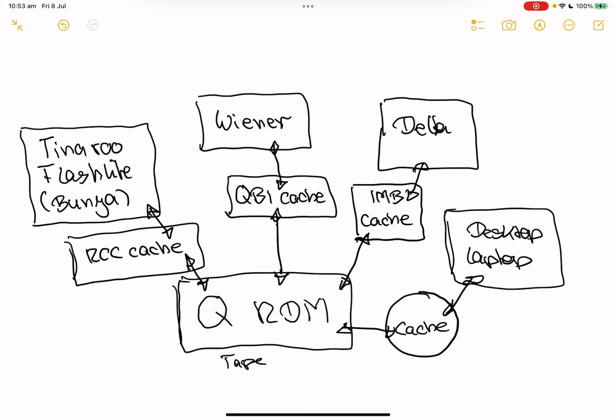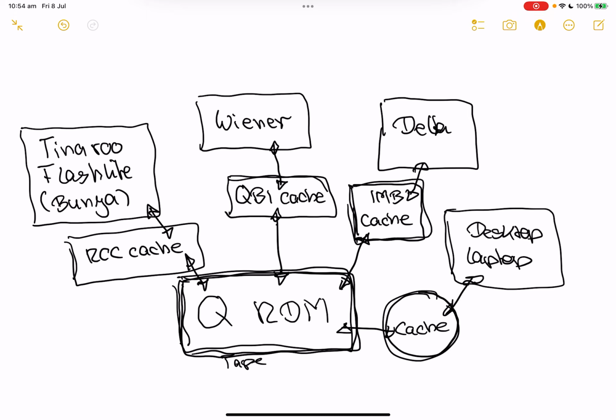And so if you're experiencing any problems with accessing a Q collection, a Q RDM, it is important that you talk to the right people to determine what's wrong, because the problem could be at the actual RDM infrastructure, but the problem could also be related to whatever cache you're actually trying to go through at that time. And so if you're having problems on Tinaroo, Flashlight or Banya, then the best people to contact is the RCC support.